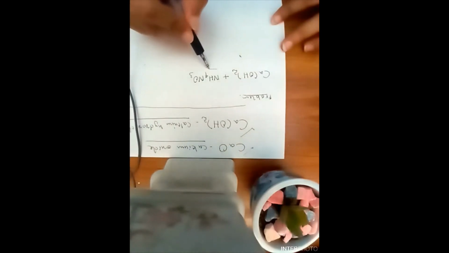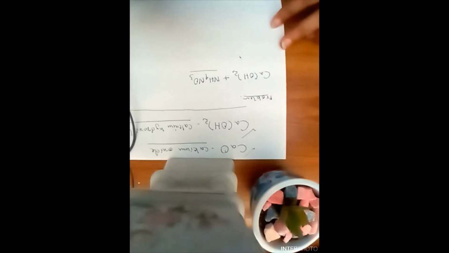Fertilizers are substances which enhance the fertility of soil. So these are added to get maximum plant production or crops. The purpose of adding fertilizer is to get maximum crops.